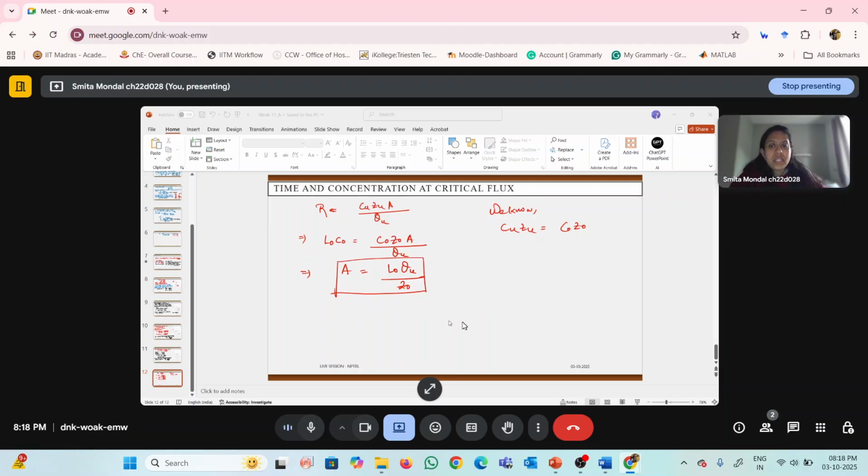So area calculation is very important, and the concentration of this critical layer is also important for the calculations. If you have the data for how much mass is entering and how much mass is going out, based upon that you can make the plot of solid flux versus theta, and you can get theta u from that.